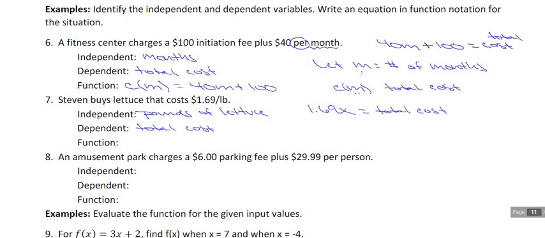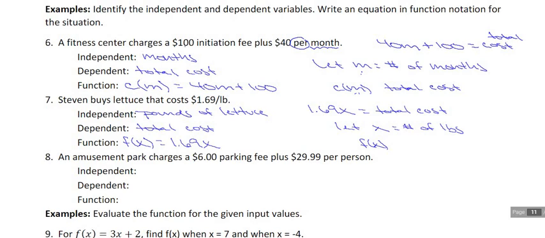So because I used my variable X, I will just use f of X for my function notation as my total cost. So f of X, the total cost, is equal to $1.69 times the number of pounds. Okay, so let X equal number of pounds, and then the required part of the let statement is the first line.